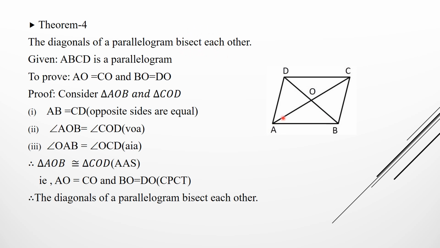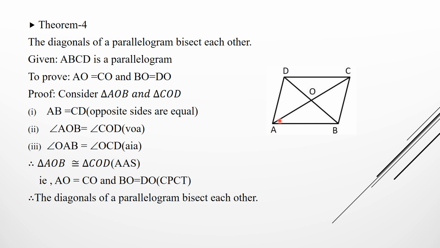That means AO is equal to CO and BO is equal to DO. Consider the two triangles AOB and triangle COD. We can write AB is equal to CD, since we have proved opposite sides are equal in a parallelogram as theorem number 2.